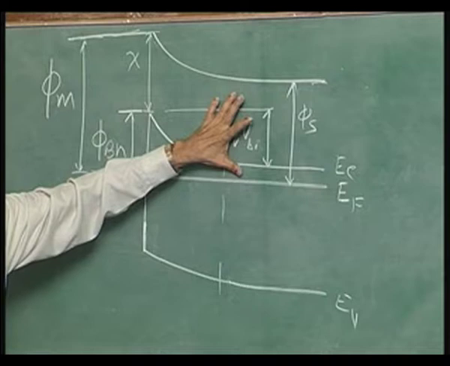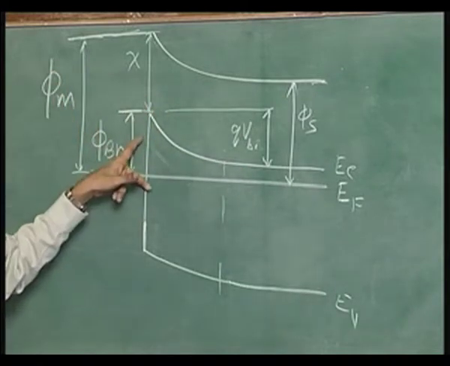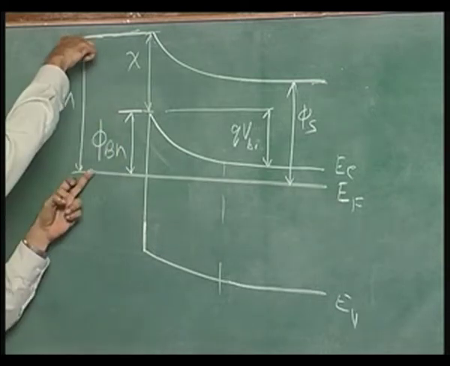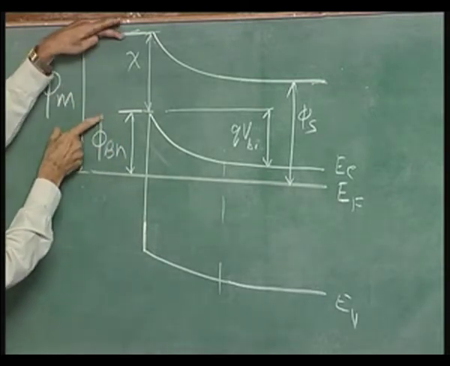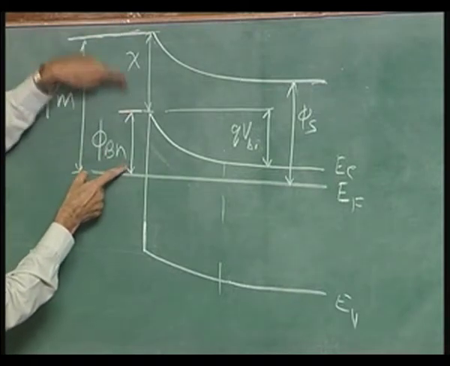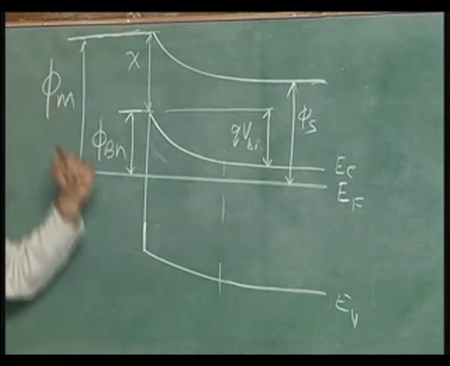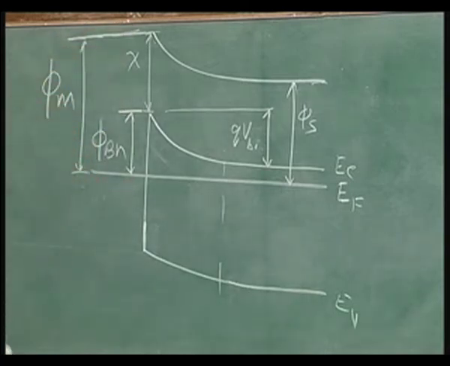So, now what is phi_bn? Phi_bn is actually phi_m minus chi. This quantity is this minus that, phi_m minus chi. Once you fix a semiconductor and a metal, phi_m is fixed.